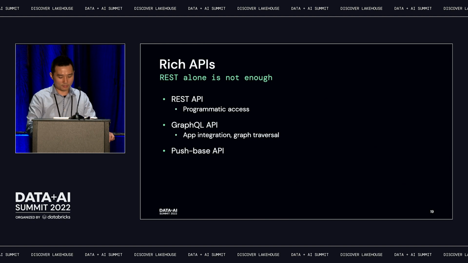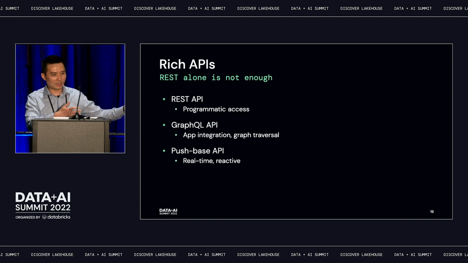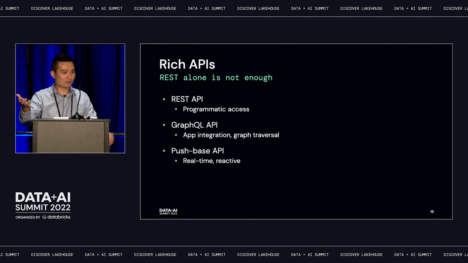So this push-based API is quite important because you are now able to write applications that are reactive. For example, if a table that was not PII before all of a sudden becomes PII, maybe there are a bunch of things you have to do. Maybe you have to create a ticket, maybe you have to notify someone, maybe you have to actually take actions and whatnot, lock down the access control. For that sort of application, push is probably the best API, preferable to busy polling for the latest value.